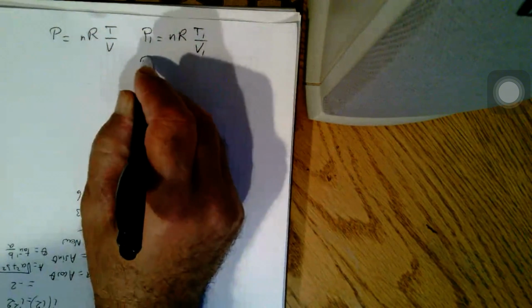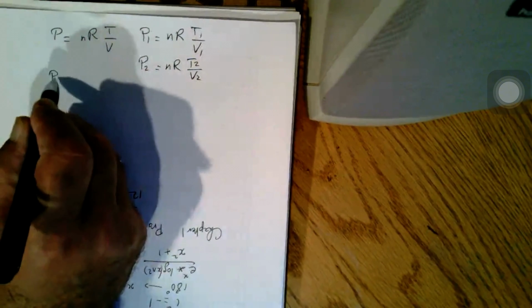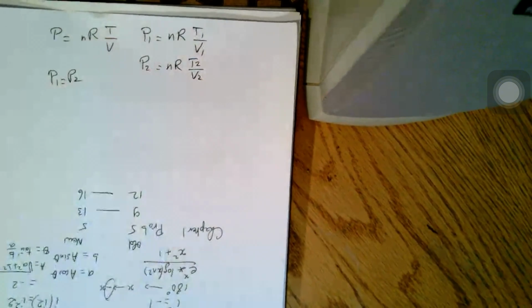So what it means is that if I conduct the experiment once or twice, the first one is P1 equals NRT1 over V1. And the second time I conduct the experiment, P2 equals NRT2 over V2. But we know that because we said constant pressure, P1 is equal to P2.